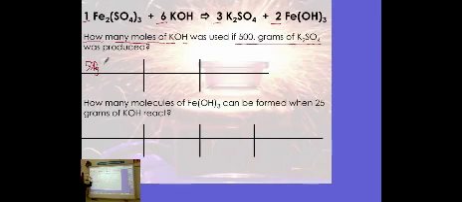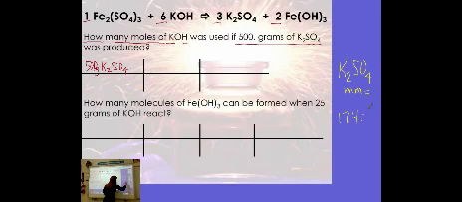500 grams of K2SO4. If I have grams of K2SO4 up top, what do I need on the bottom? I need grams of K2SO4. K2SO4, molar mass, if you add it up, should equal 174.27 grams per mole.